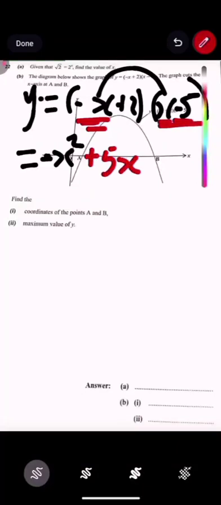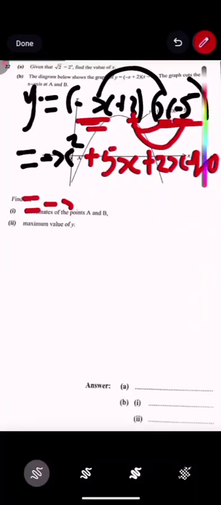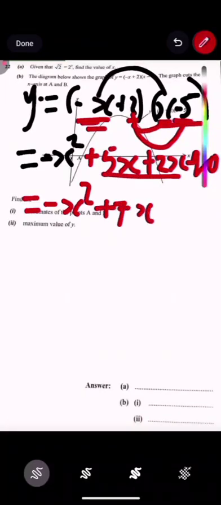Then next she goes now to this 2 times x plus 2x. Wait, this is how I also solve. So I don't know why I thought her method was better. 2 times negative 5, it's going to be negative 10. Okay, so it's going to be negative x squared. 5x plus 2x is going to be 7x.